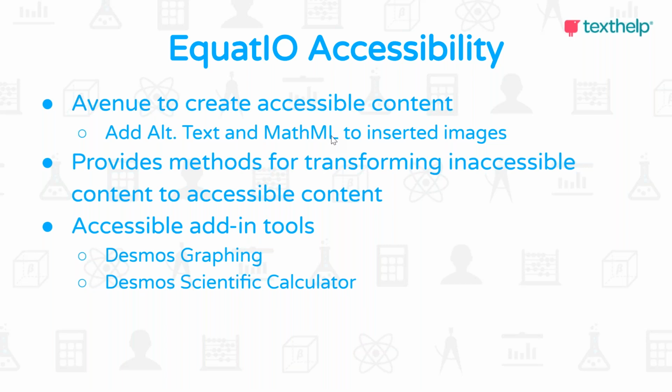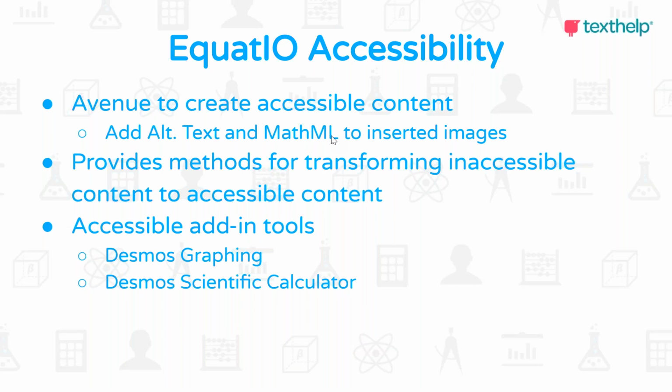So let's briefly talk about accessibility too with EquatIO. Accessibility is so central to higher education right now and has been for a while, but EquatIO is an avenue to help schools create accessible content. The most basic way that it's doing this is that when we're creating these equations and they're inserted into a document or a type of space, it will automatically add in alternative text or even the MathML into the alt text behind an image of an equation.